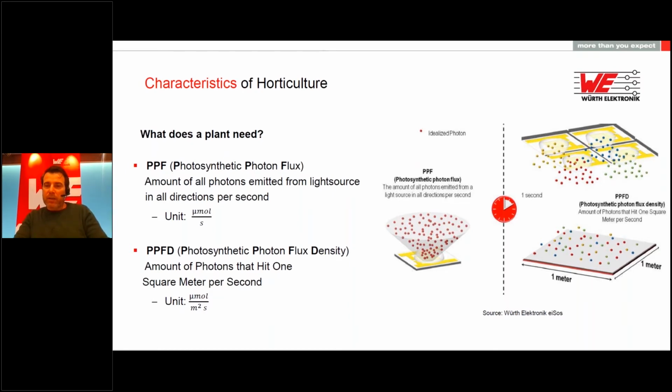On the right graph, you can see the LED spreading the photons in each direction, the viewing angle, and we can compute the PPFD as the amount of photons that go over an area. This is important when we compute the area where the plants are, to know how much energy the plants are taking.